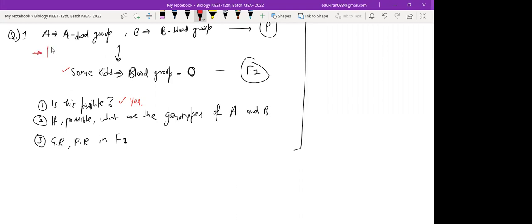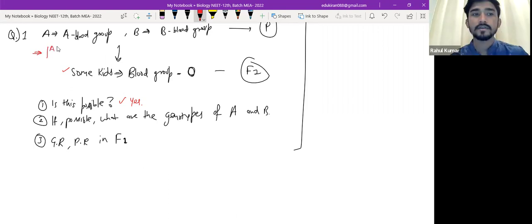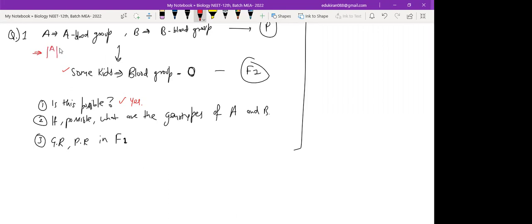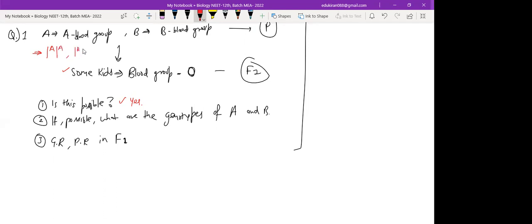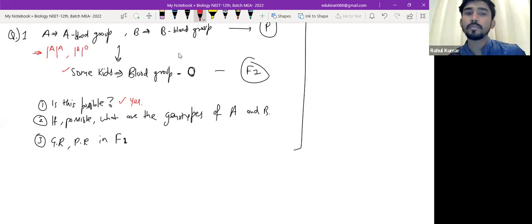IA and IO. See, there are two possibilities for A blood group: IA IA and IA IO. And there are two possibilities for B group, which is IB IB and IB IO.